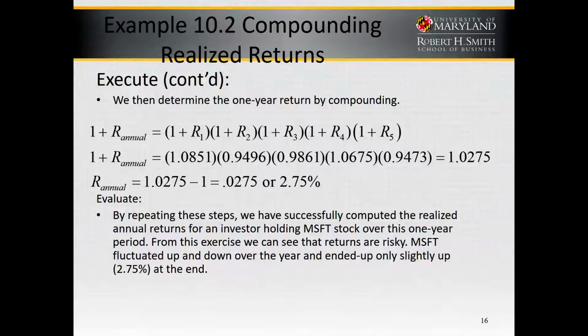By repeating these steps, we successfully computed the realized annual return for an investor holding Microsoft stock over this 1-year period. From this exercise, we can see that returns are risky. Microsoft fluctuated up and down over the year and ended up only slightly up, 2.75% at the end of the year.